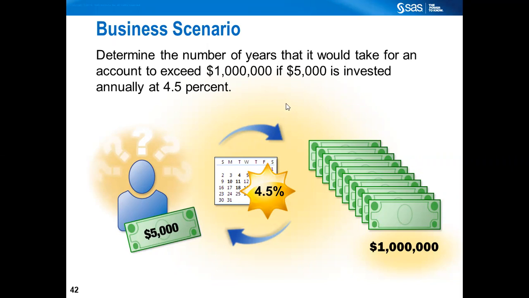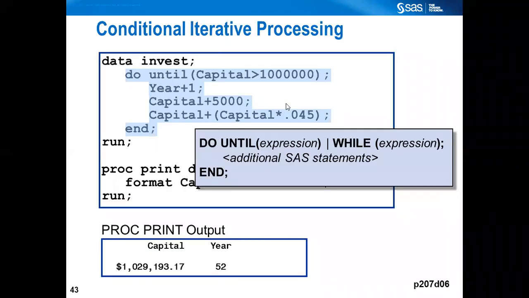With this scenario, we are using a conditional loop. See the looping statement, DO UNTIL, and you give the condition: capital is greater than 10 lakhs, and increment your year. Why are we using capital? Because this is your capital variable, which you are calculating with this rate of interest.